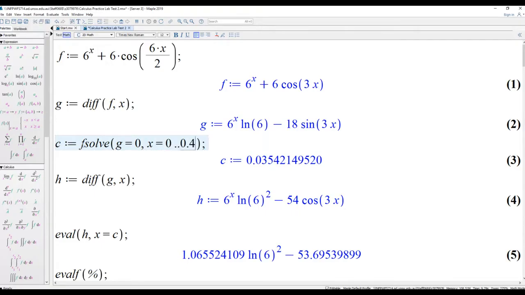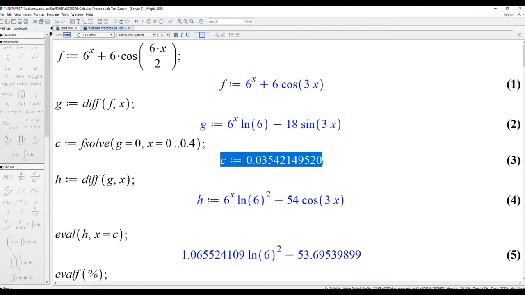So I can use the fsolve command there. I've defined it as a new point C, but you don't have to. And so we get this point. This is the x point where our turning point occurs.